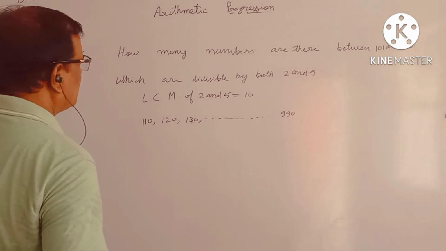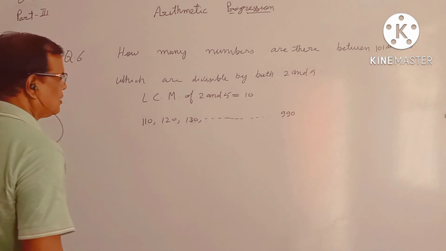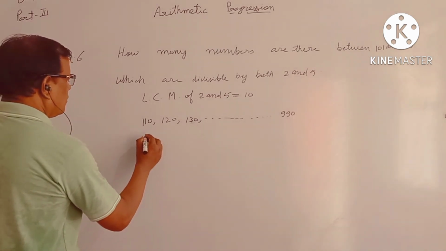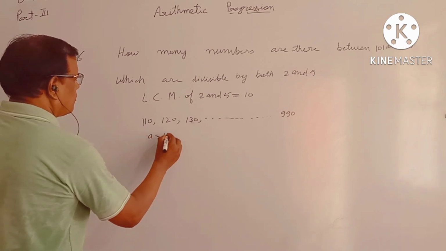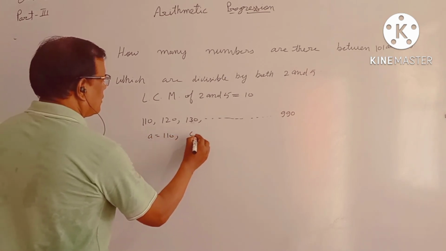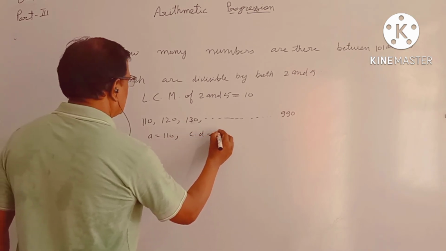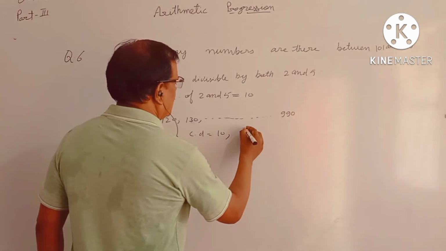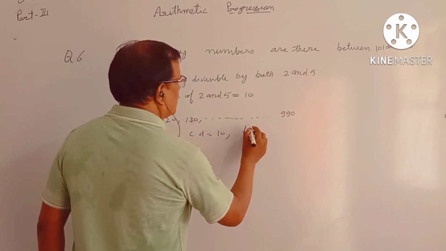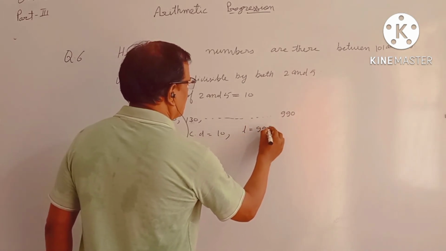Then how many numbers are there? As we know, the first term A equals 110, the common difference D is 10, and L will be 990.